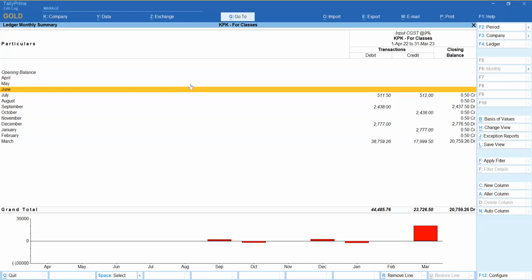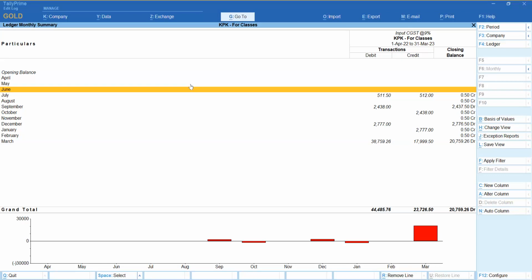So the June closing balance should have been 512 in actual terms. Whatever the reason, the accountant did not pass the entries properly. I am trying to set the entries.